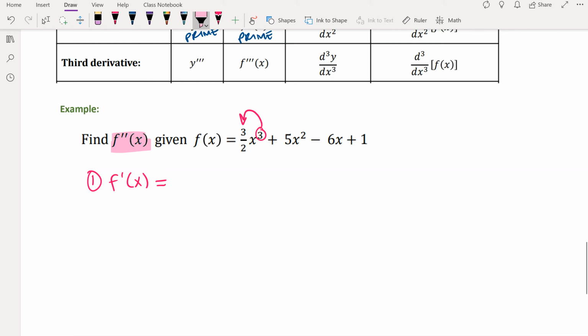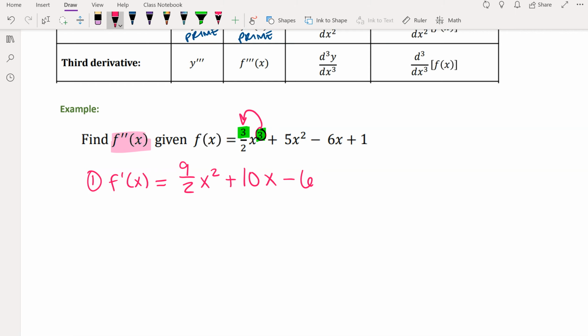Y'all, anytime you have a fraction and you're multiplying a whole number to a fraction, that's going to multiply just to the numerator. So the 3 times 3 over 2, that turns into 9 over 2, 9 halves, x squared. Then we have plus 10x minus 6.